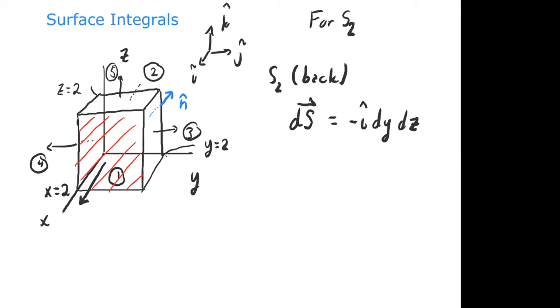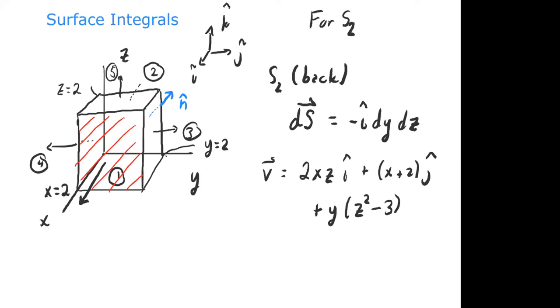V, again, doesn't change. It was what I was given in the problem to solve. It's 2xz i hat plus (x plus 2) j hat plus (y times z squared minus 3) k hat.